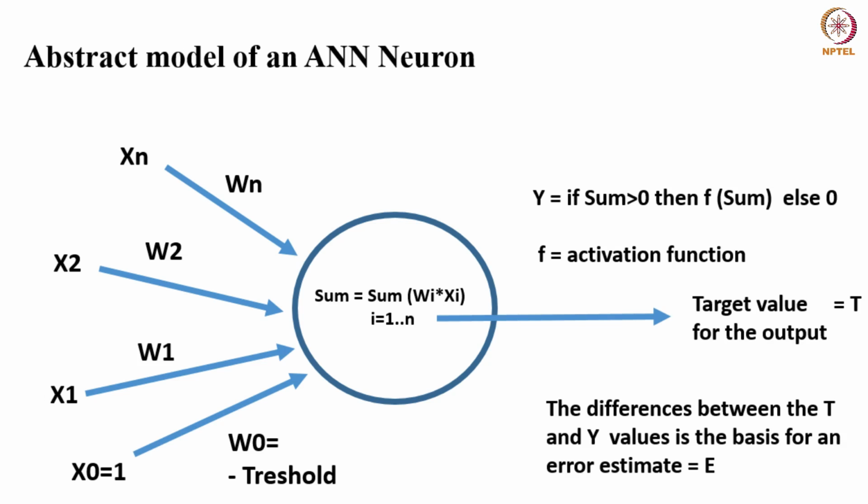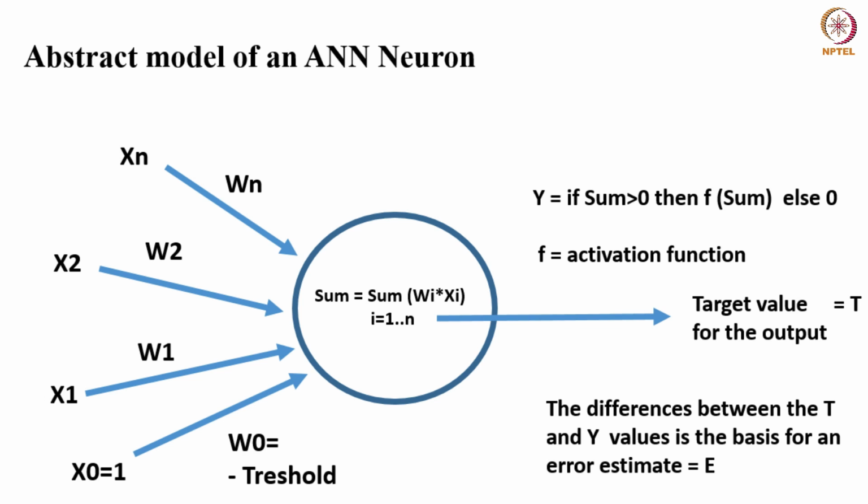Then you have an output, and that output depends on whether the sum is greater than 0. The output is not just the sum, but a function applied to that sum, and that function we call the activation function. And we will come back to that in a minute.